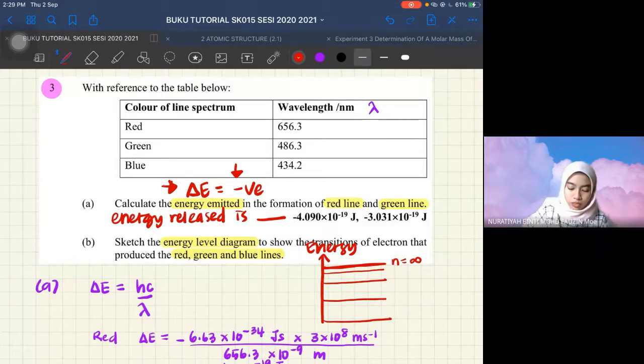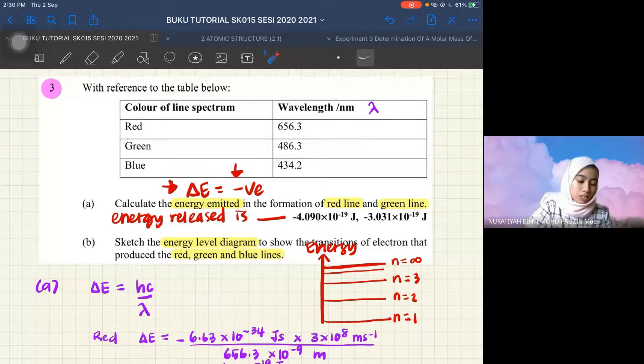Write where you want to start, from n equals 1, then n equals 2. You must label them. We need to know our energy level to produce the red line.